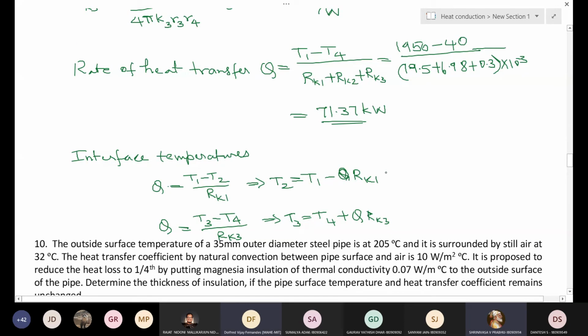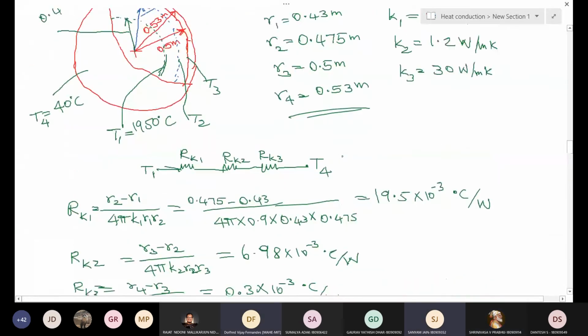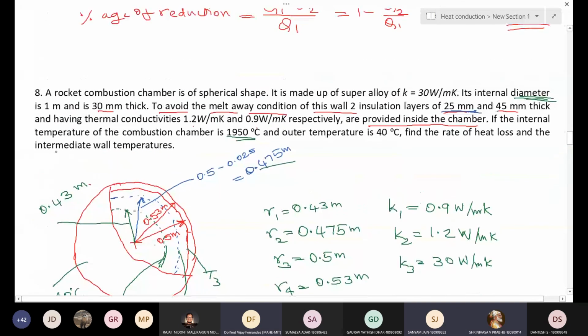So what is the temperature T2? Around 560. For consistency's sake, we should be writing it in Kelvin, no? The temperatures are given in degree centigrade. Conductivity values are in Kelvin, but that is no problem, because we are using the differences, delta T in Kelvin and degree centigrade are the same.